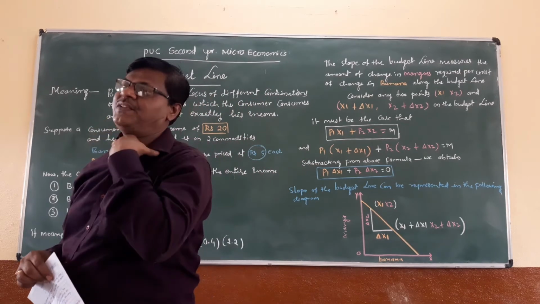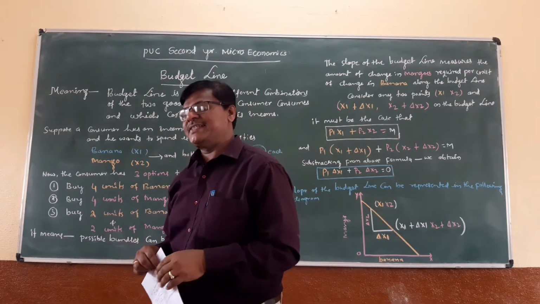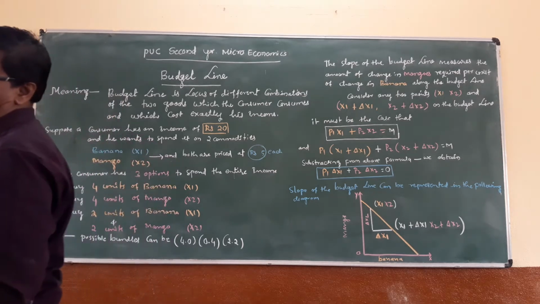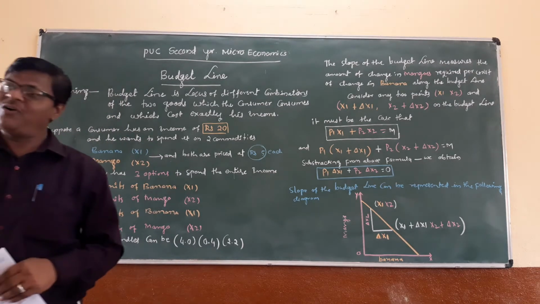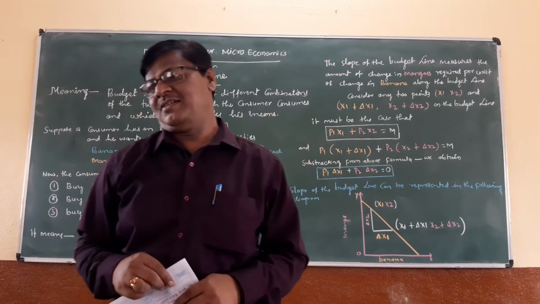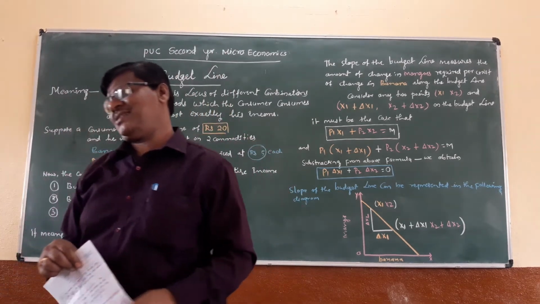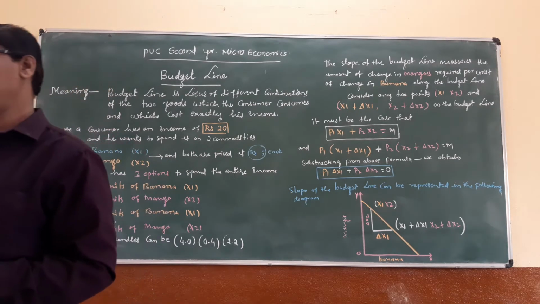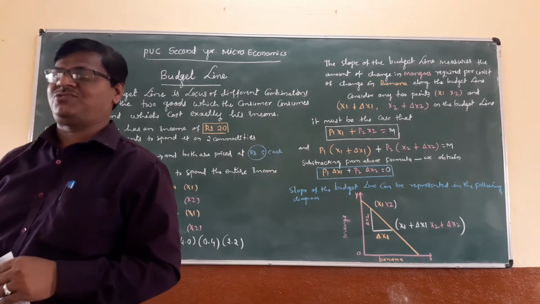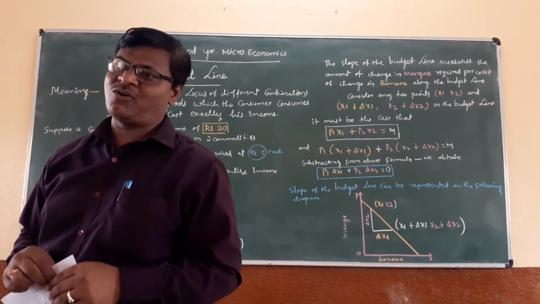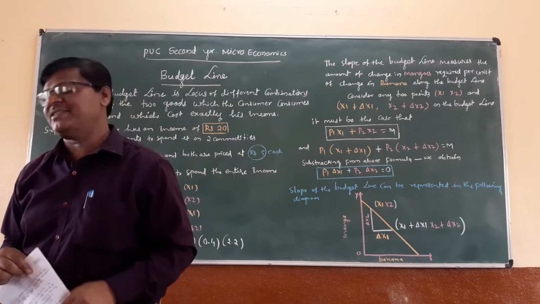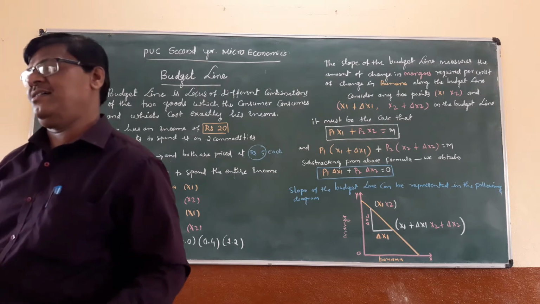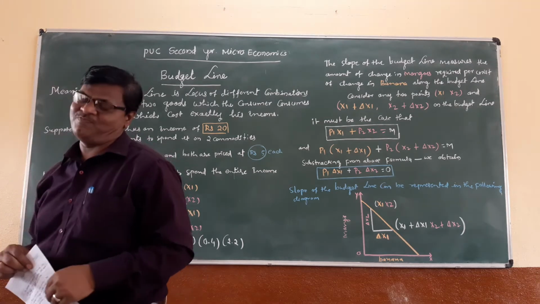limited income. How he spends his entire income on two goods, namely X1 and X2, or mango and banana. The price of each of the commodities is 5 rupees, and how many mangoes he buys within 20 rupees, how many bananas he buys with his income.